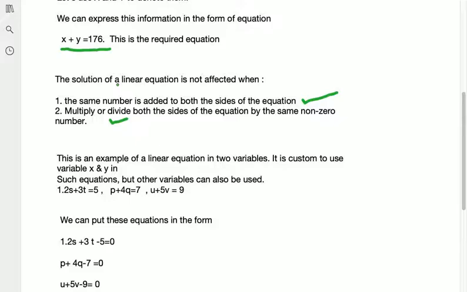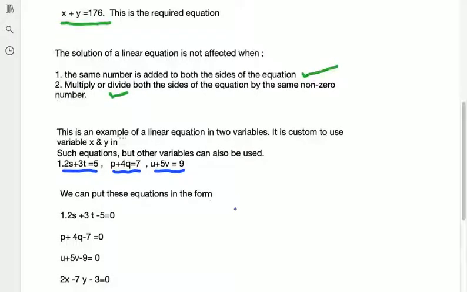In other cases, we can use other variables also, like here it is s and t. We can use any other variables. Here it is p and q, and here it is u and v. So now we have other equations: 1.2s plus 3t equals 5, p plus 4q is 7, u plus 5v is 9.